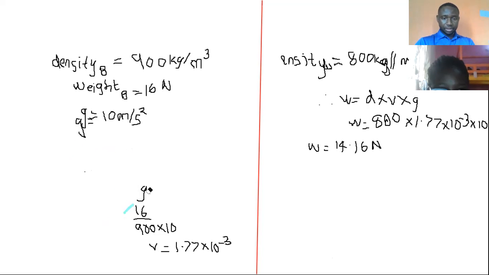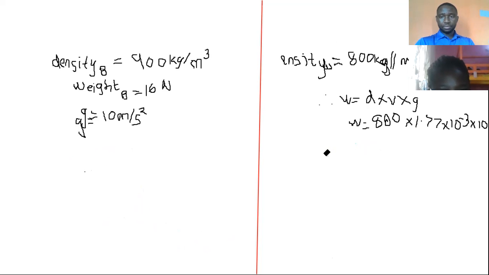From here, we could say density is mass over volume.